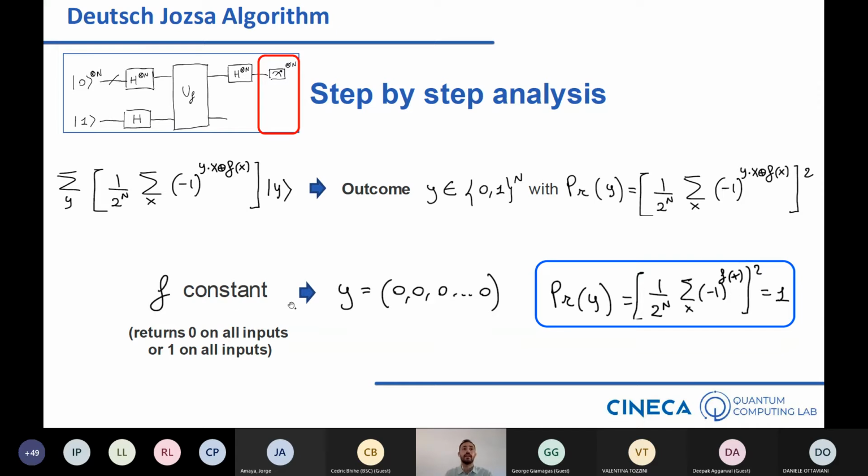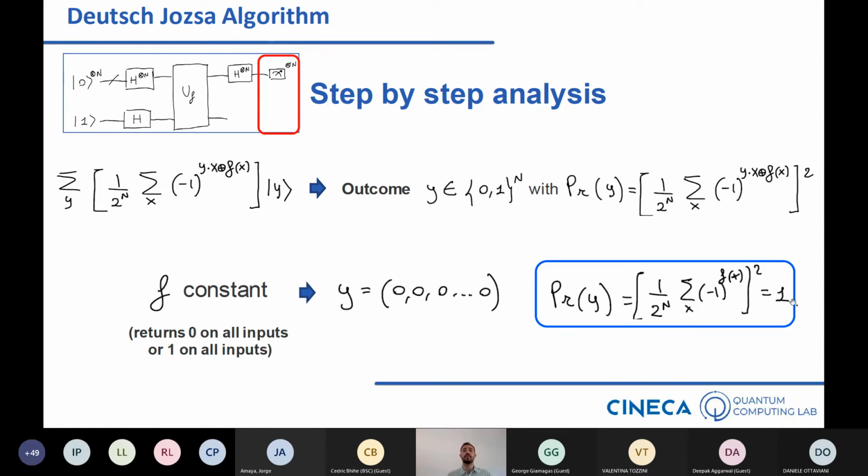Again, if f is constant, which means that f of x is always 0 or is always 1, minus 1 to the 0 or minus 1 to the 1, with everything squared always gives you 2 to the n over 2 to the n, which is 1. So what does it mean? It means that the probability of finding y, which is the 0, 0, 0 string, is 1.